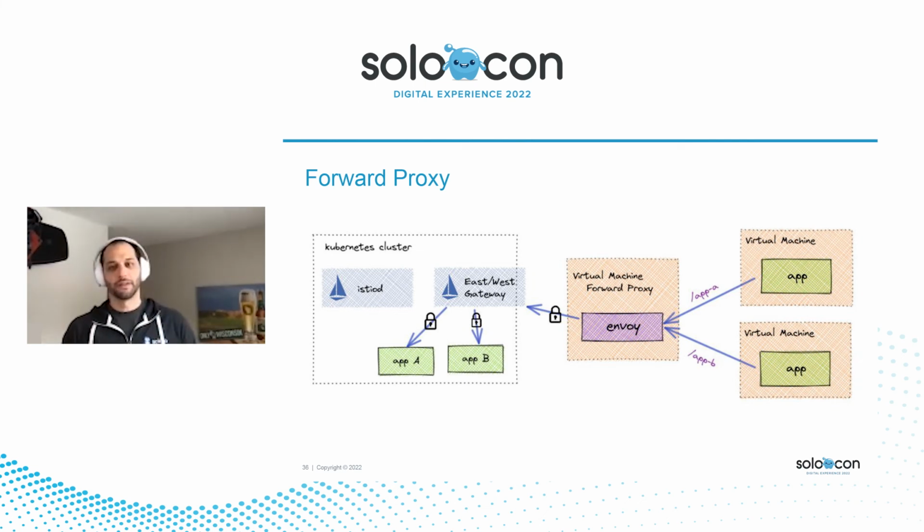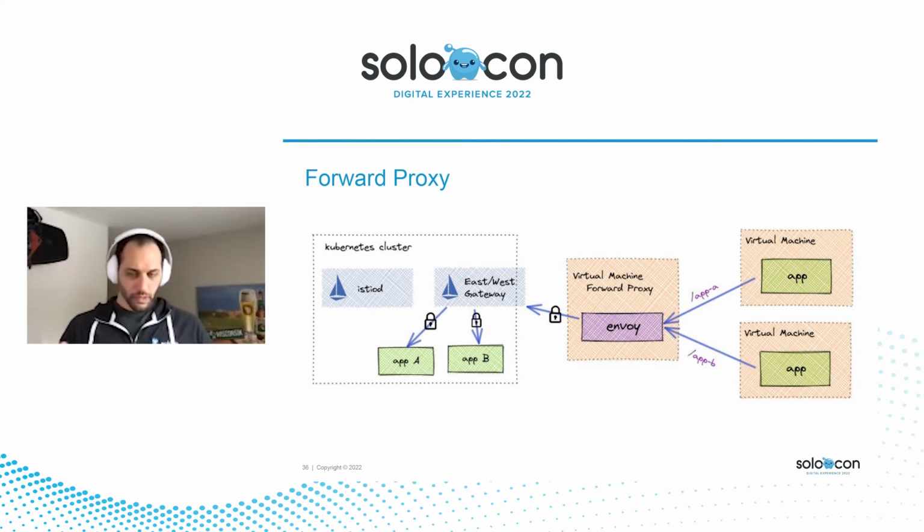Another architecture pattern that we saw is that instead of installing Istio proxies on all of your virtual machines, it made more sense to install a forwarding proxy that gave those virtual machines access to service meshes.